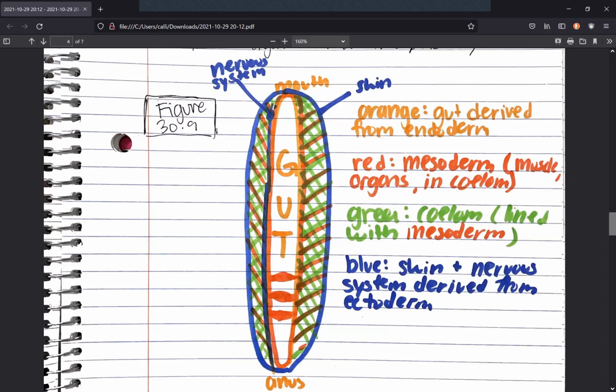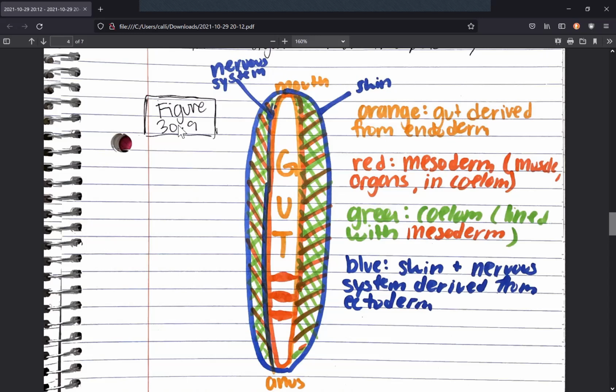Skipping over to green, that's the coelom, which is lined with the red mesoderm. The red mesoderm makes up the muscles, the organs, which I put down here below the gut, and then it also makes up the coelom. So again, this picture isn't beautiful. I'm not an artist.